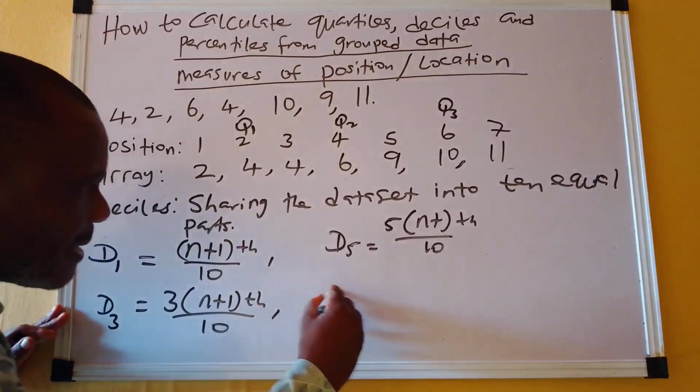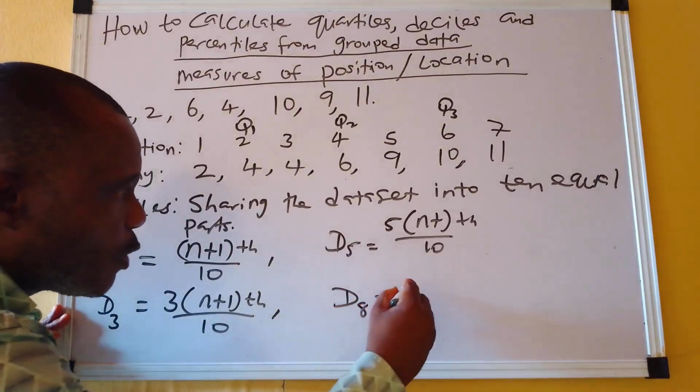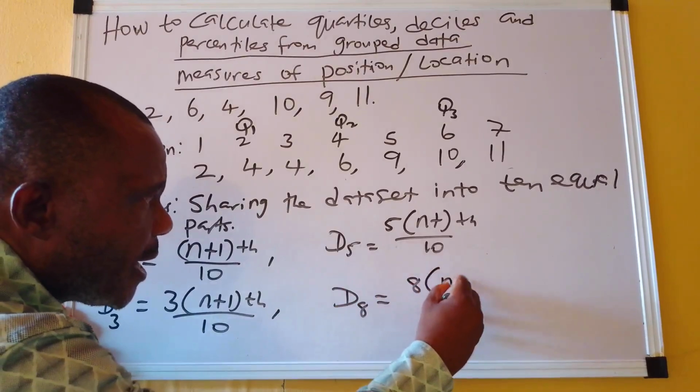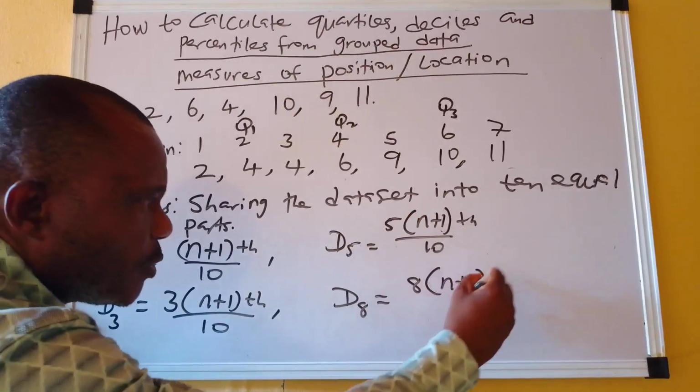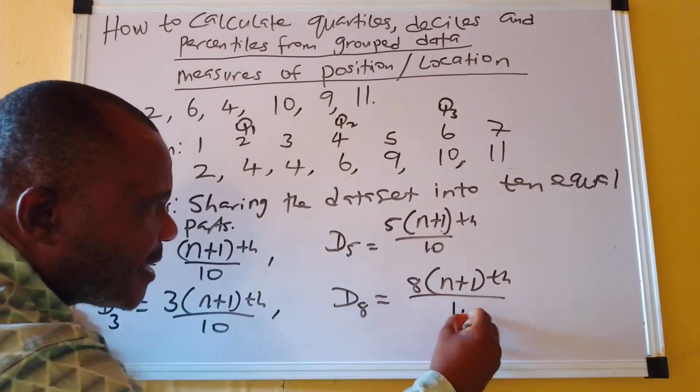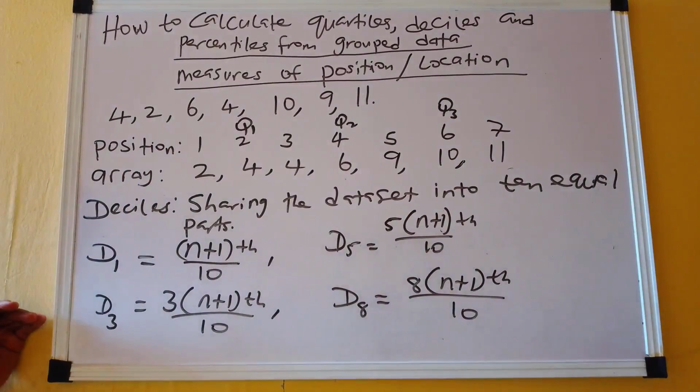If I want to get, for instance, my D8, this will be equal to 8 into n plus 1 all over 10. So you are sharing the data set into 10 equal parts. That is what it means.